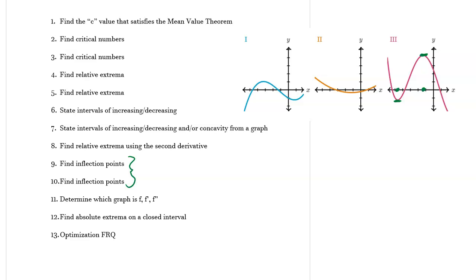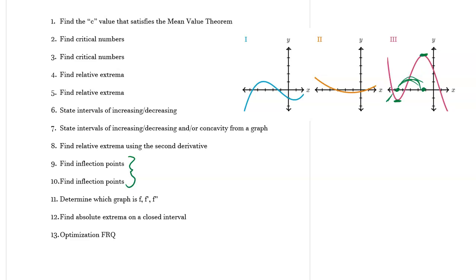Now, positive slopes mean my derivative would be above the x-axis.